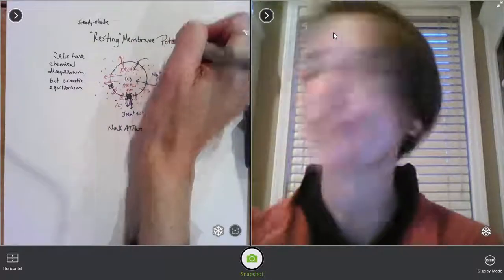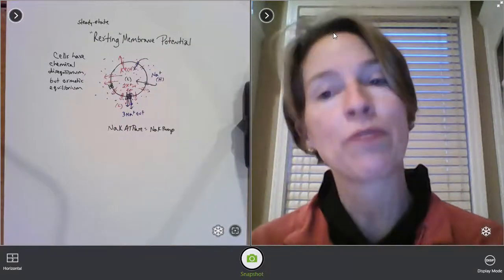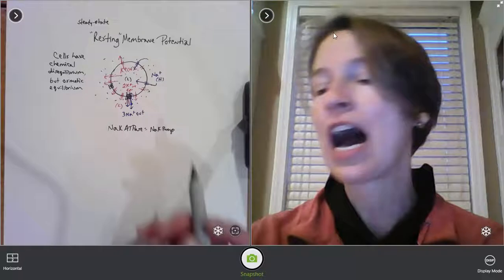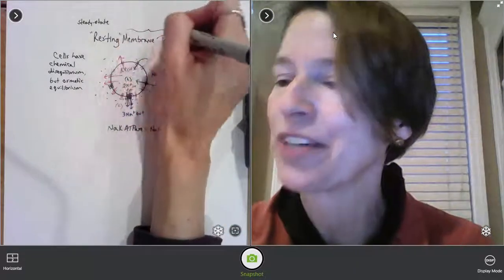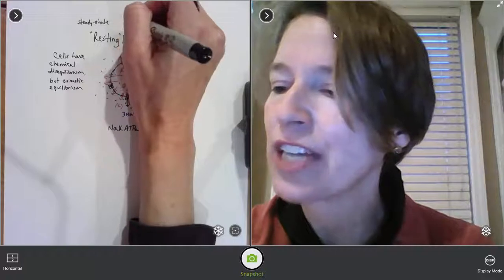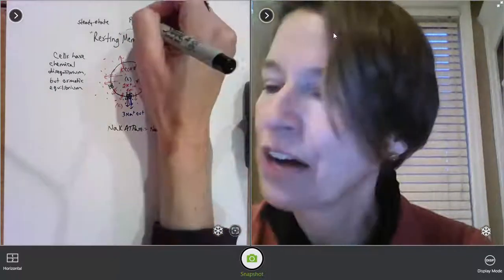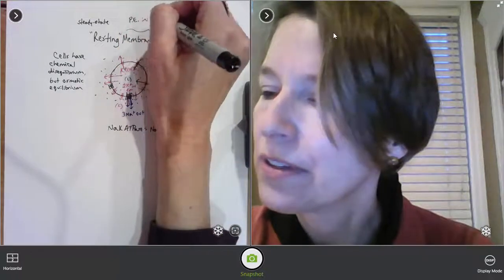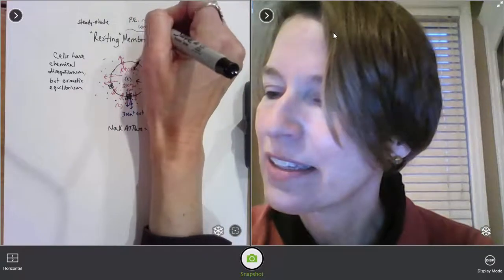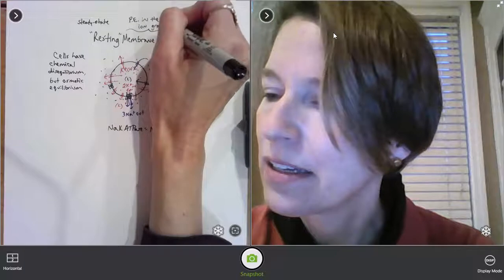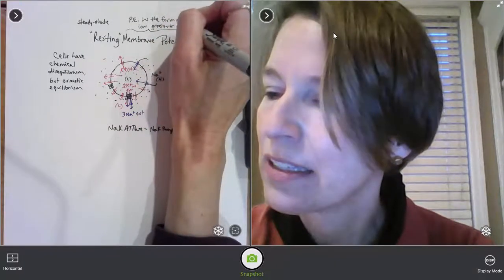Membrane potential means we're seeing the form of potential energy in the ion concentration gradient. Okay, so let me write that for you. Potential energy in the form of ion gradients across the membrane.